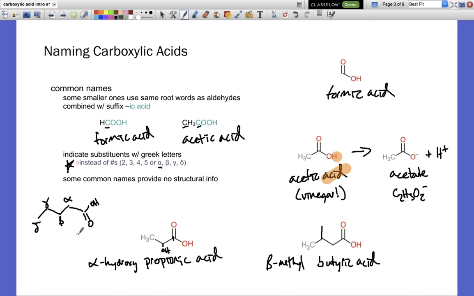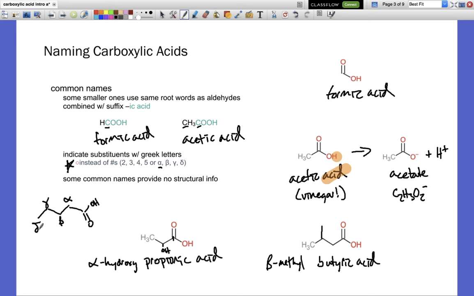I could have a delta and just keep going on down the Greek alphabet, which is kind of similar to ours, but not exactly, because gamma is not the same thing as a C. So again, just work with this alpha, beta, and gamma. That's the most you would possibly need. You don't even have to worry about the delta, but understand alpha, beta, gamma, delta would be 2, 3, 4, 5.